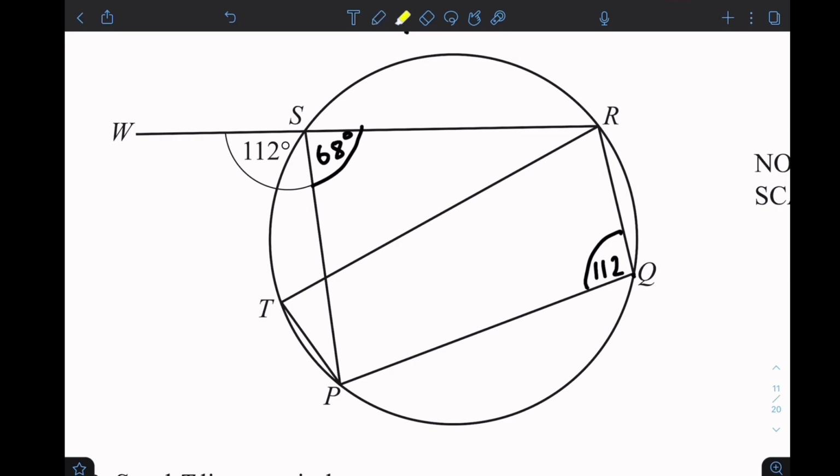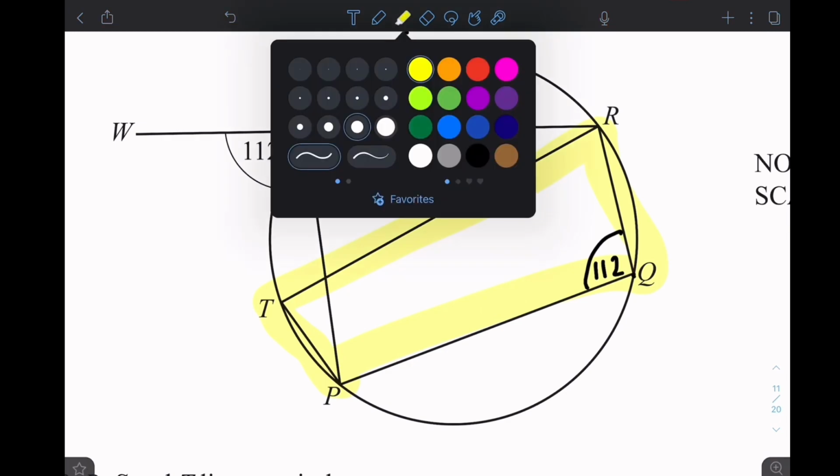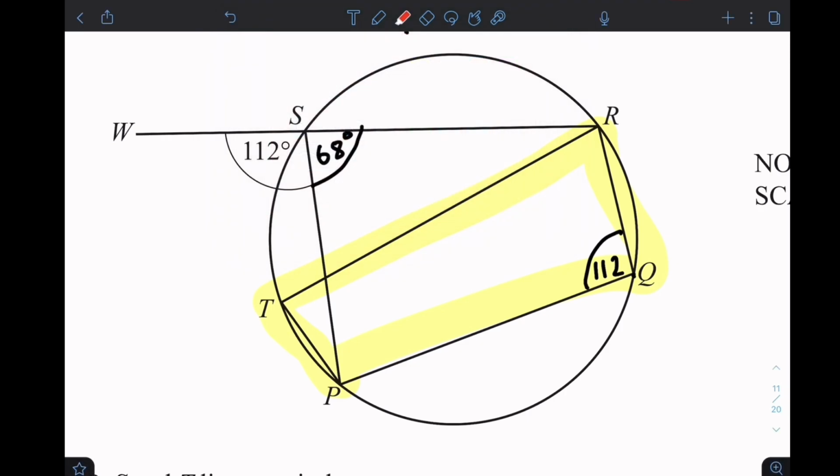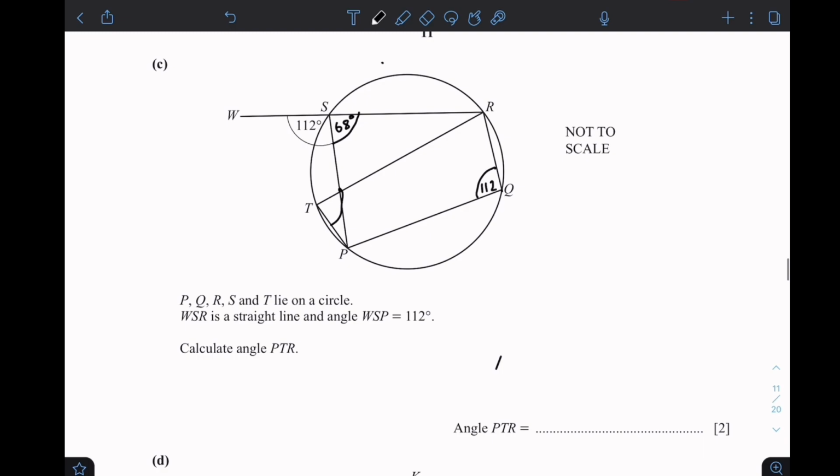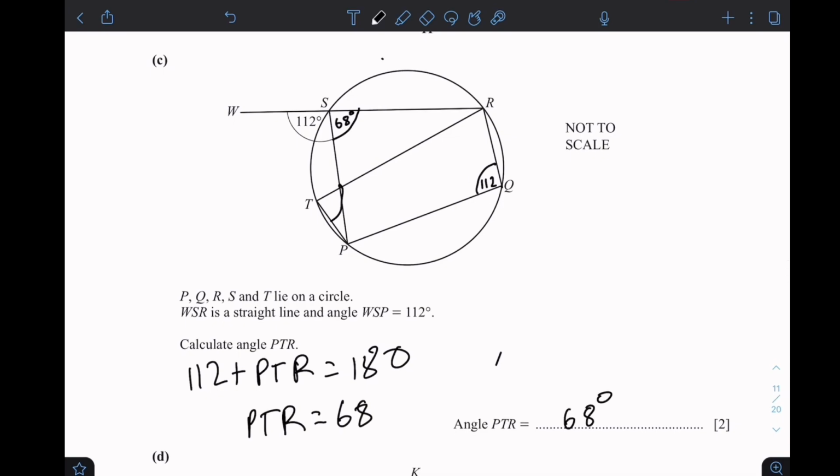Similarly, PTRQ is also a cyclic quadrilateral because all of the corners are touching the circumference. And because of that, 112 plus PTR is equal to 180, and PTR is equal to 68. So 68 degrees is the answer.